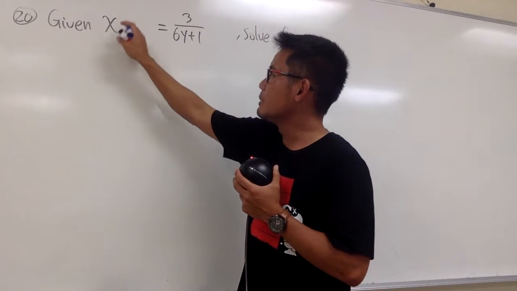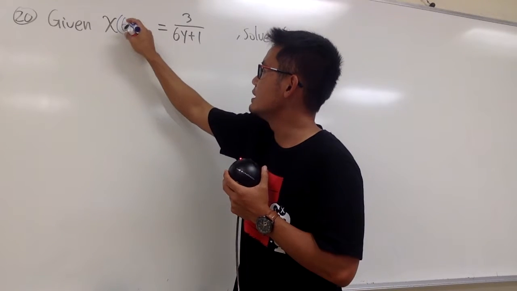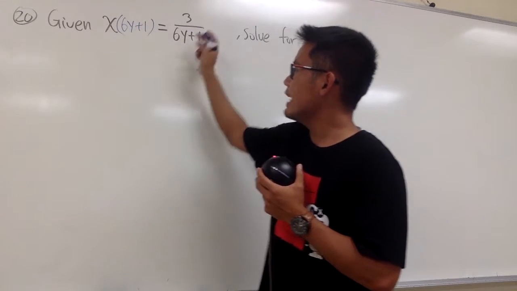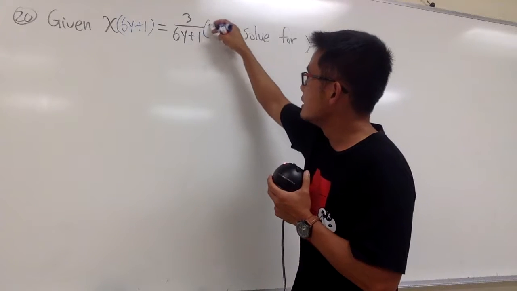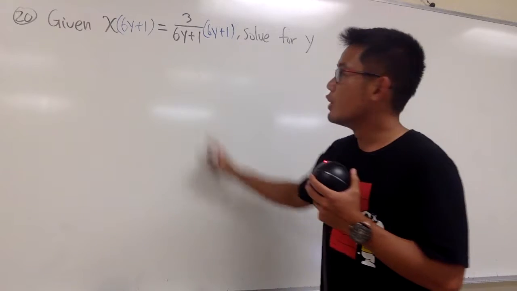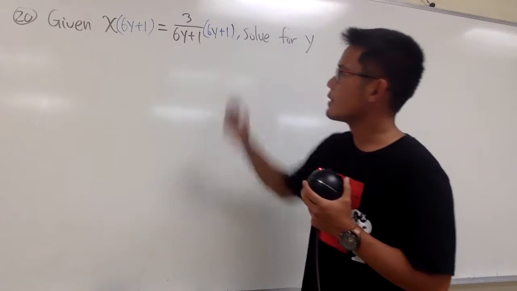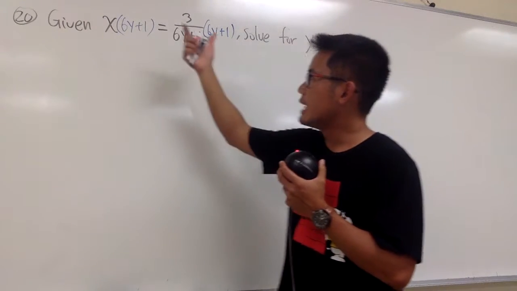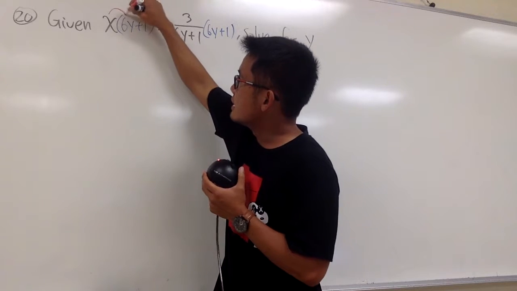So I will multiply the x by the 6y plus 1. And likewise, I will multiply this by 6y plus 1. And be sure we use parentheses accordingly, okay? On the left-hand side, we'll take the x and then distribute.